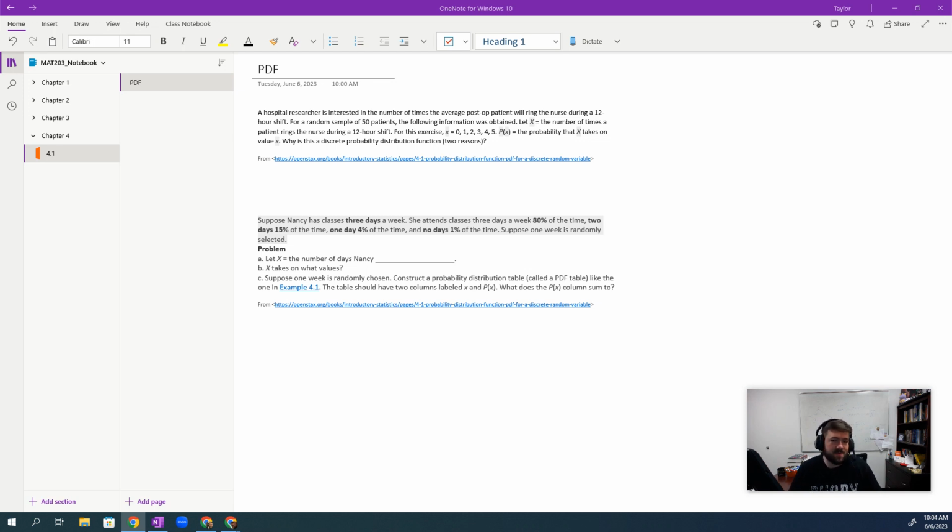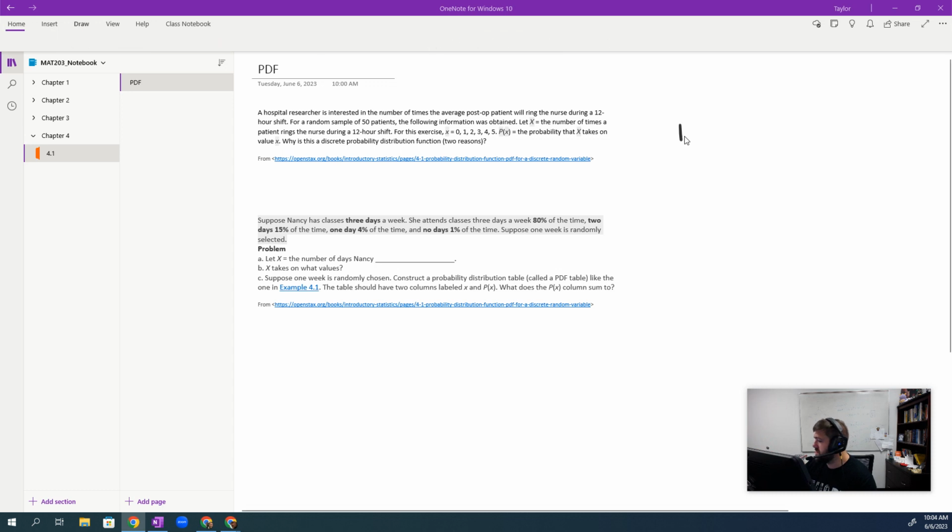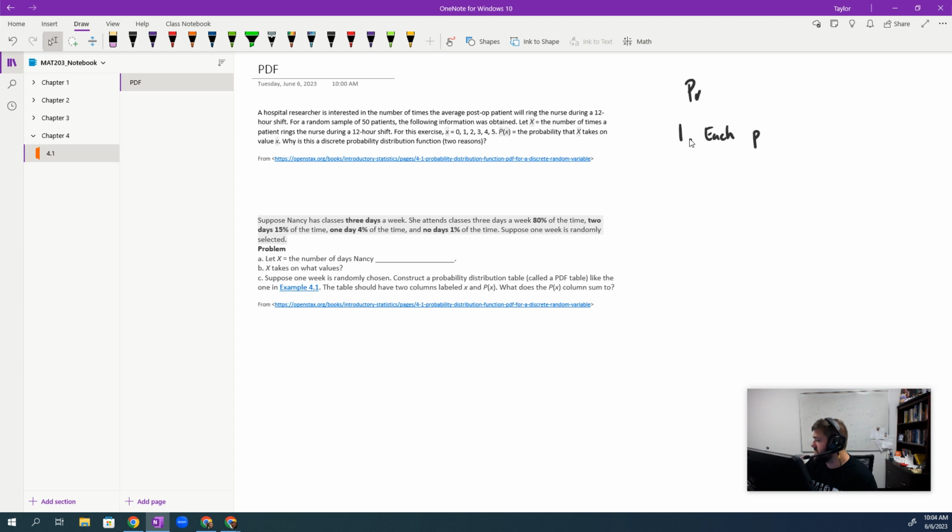Of course, a lot of times probabilities are not going to be 0 or 1, but something in between, but they cannot be outside of that range. So a probability density function or distribution function has two characteristics. Each probability is an actual probability, so each probability has to be between 0 and 1.